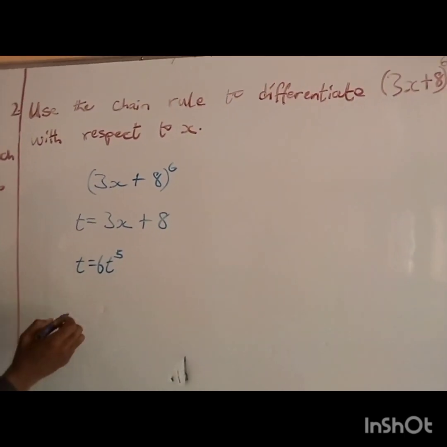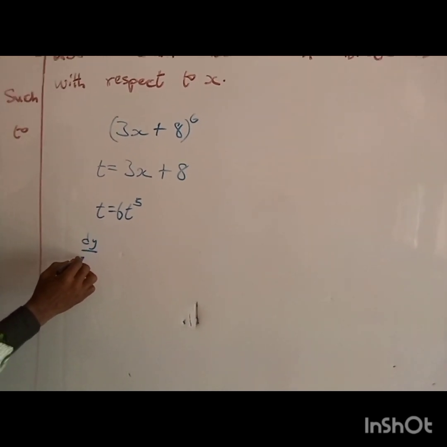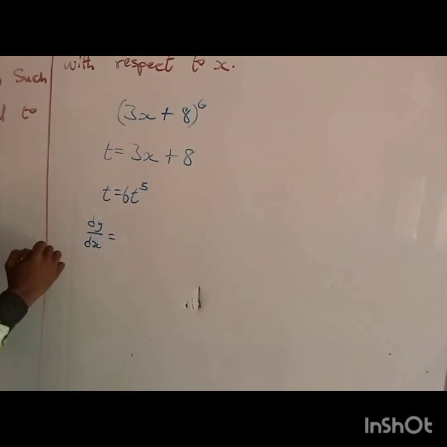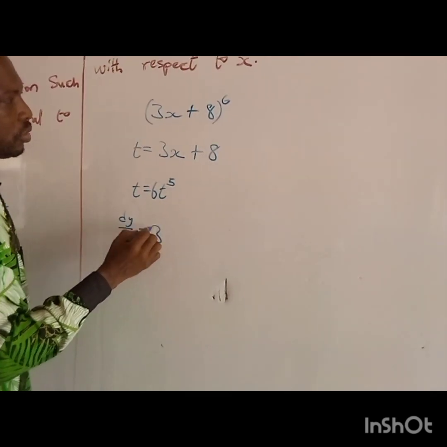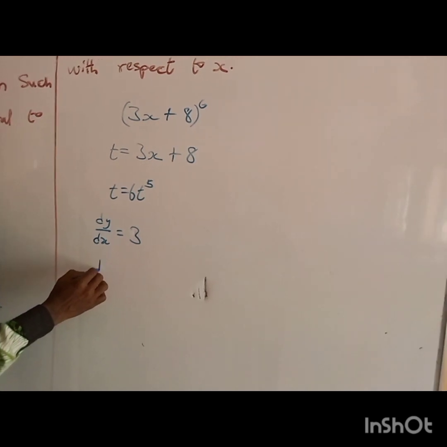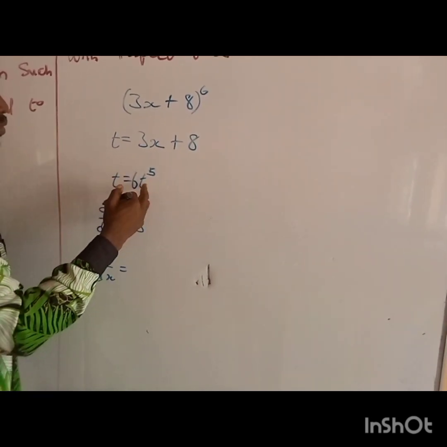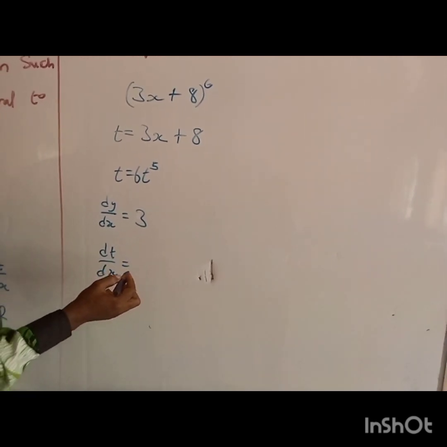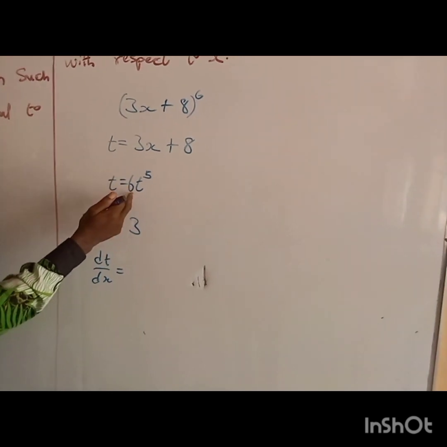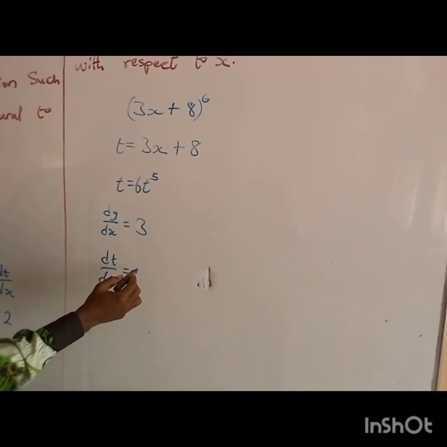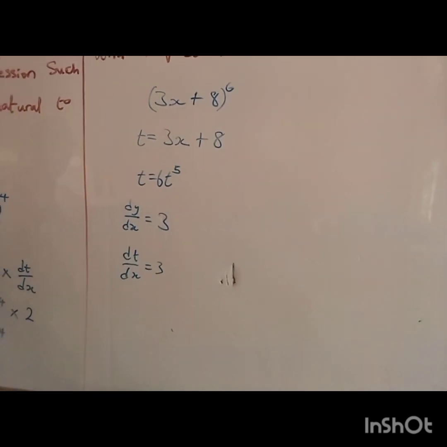Now having this, dy/dt of this will become 6t to the power 5, while dt/dx of this, the derivative of t, is 3.